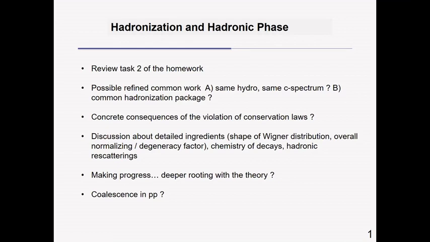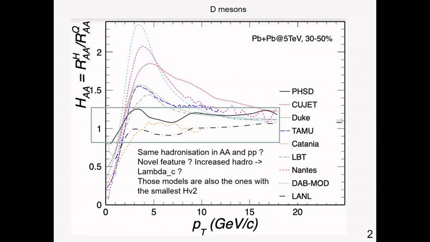Basically, I think the first thing that would be interesting might be to go through task 2, to which everyone has contributed, and I think there is still a chance to contribute in the upcoming days or weeks. If you agree, I will pass the various results here, and every model should feel free to comment on each plot.